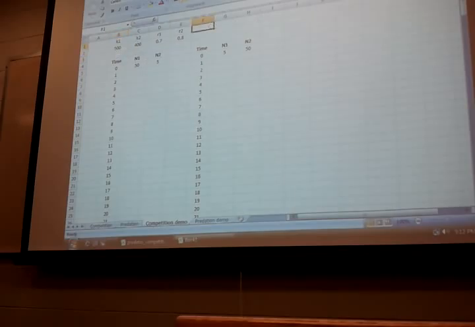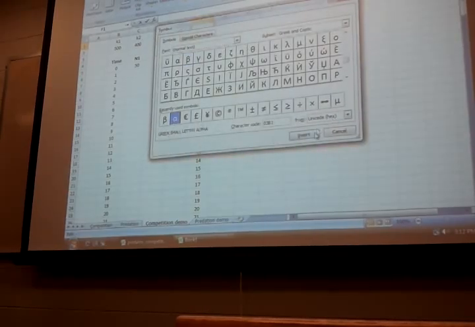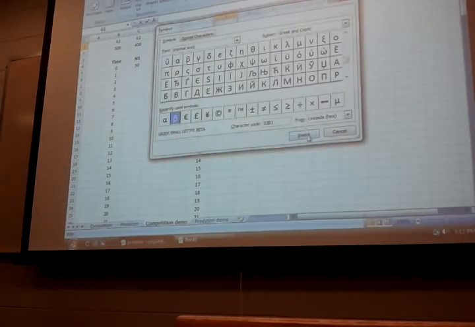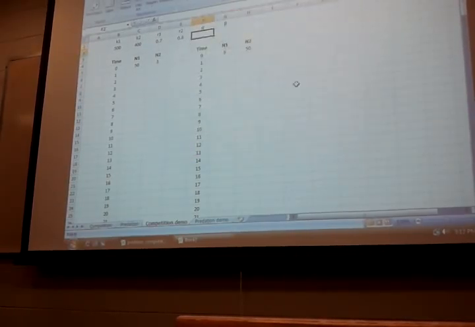Then, and here's the key, we need to have our alpha and beta. So remember, alpha is the effect of species 2 on species 1. Beta is the effect of species 1 on species 2.